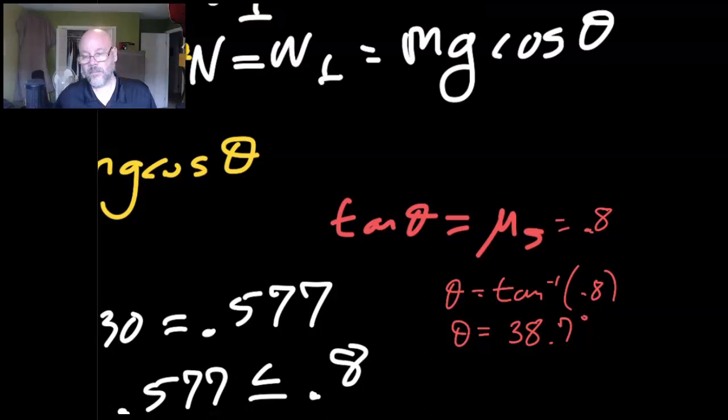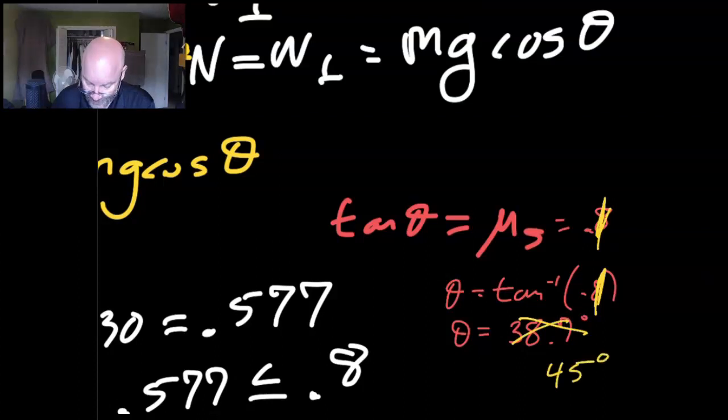Now, you don't usually get coefficients of friction greater than 1, but if the coefficient of friction was 1, then that puts our angle at 45 degrees.